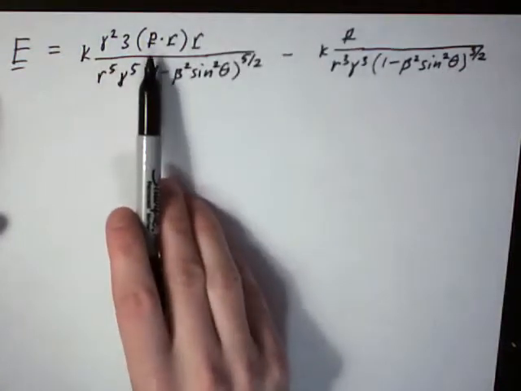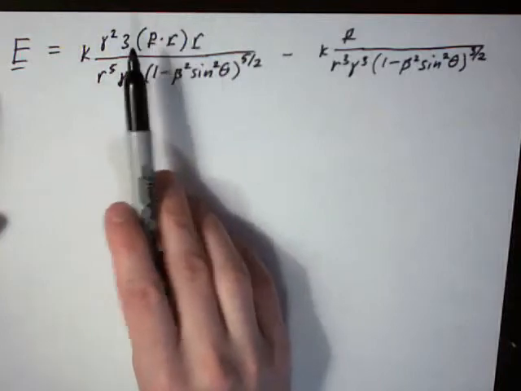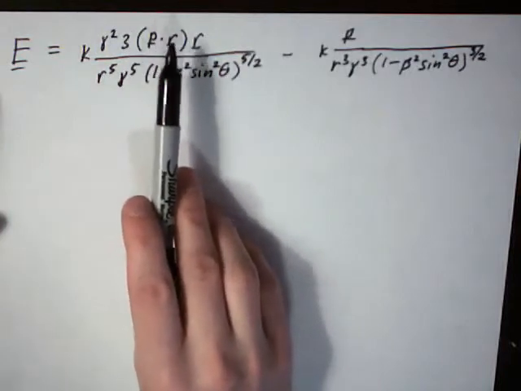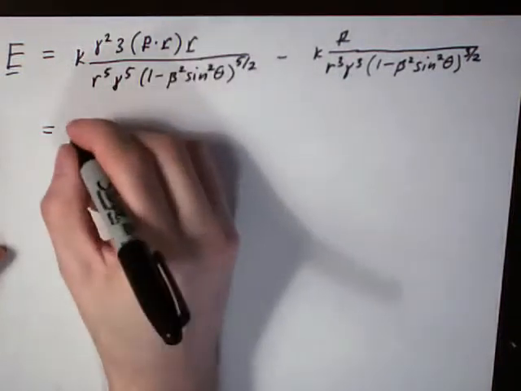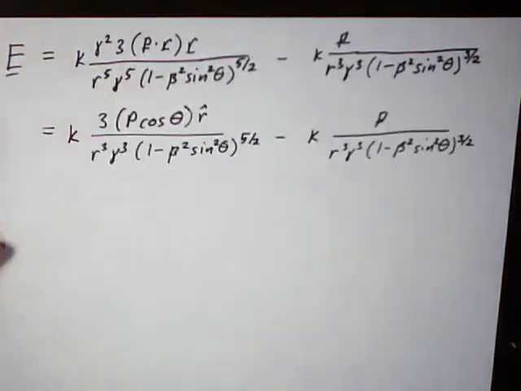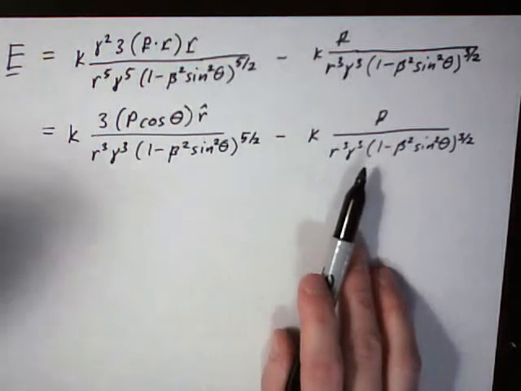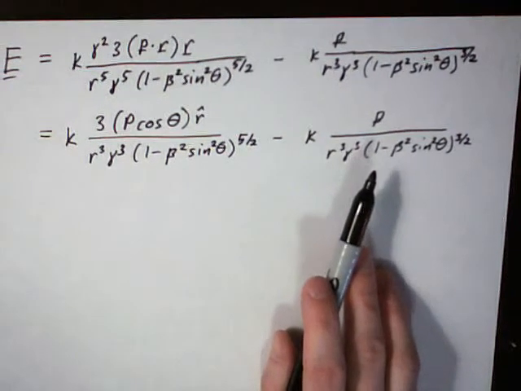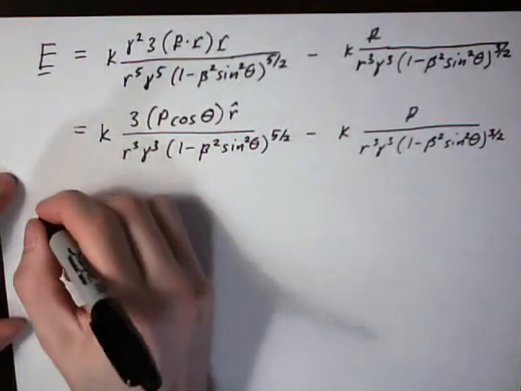And also I can rewrite this p dot r hat as the magnitude of p times cosine theta. So just writing down the changes I mentioned here, I get this as the full expression for the electric field in the moving frame. Now I want to know what the magnetic field looks like.